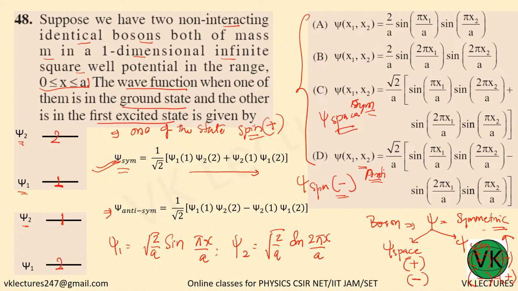If psi spin is symmetric, then your option is C. If psi spin is negative, then your option is D. So from this question we can't say, because either of these, psi spin, should have been given. The answer key gives option C, but D is also a possible answer depending on the psi spin.